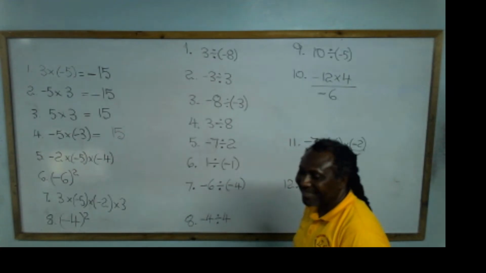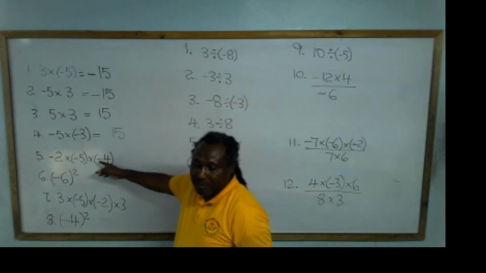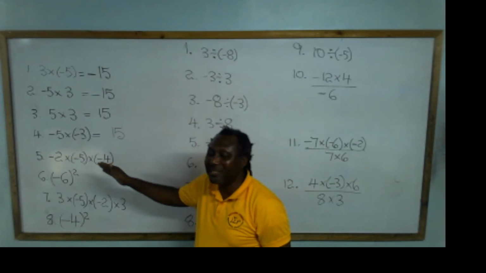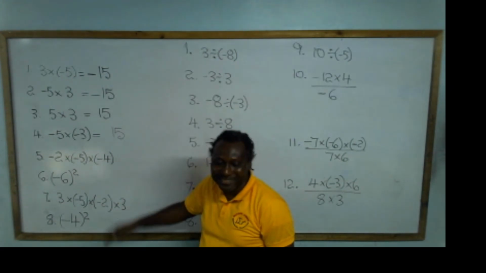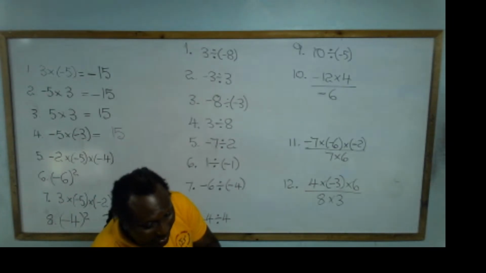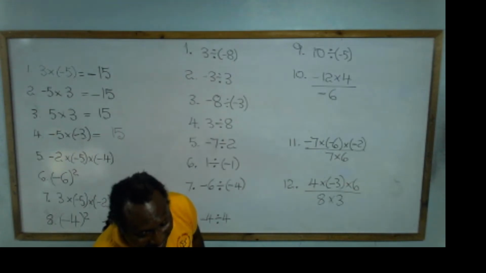Ready? All right, so let's go. Remember this rule? When we are multiplying many numbers with their signs, we count the number of negative signs. I'm going to invite somebody to discuss a few with me. So all who have seen, I will invite you. Who wants to take up the offer to come and say something, you may.